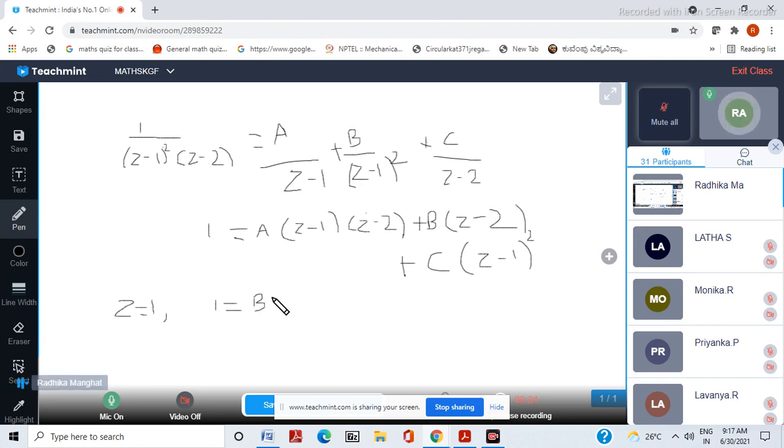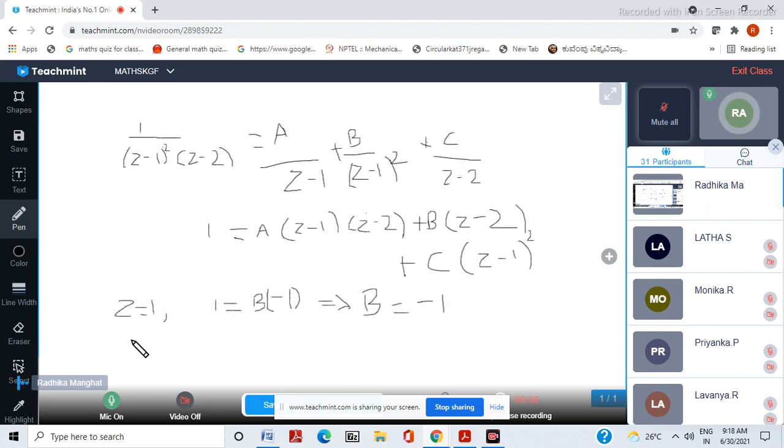B into minus 1 means B, so B equal to minus 1 we get.